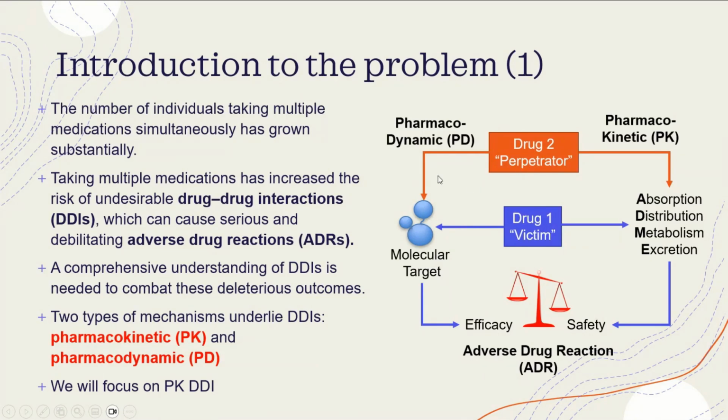And another route would be for your drug of interest affecting the victim drug by changing its absorption, distribution, metabolism, and excretion. So we call these pharmacodynamic and pharmacokinetic drug-drug interactions, and we're tipping the balance between efficacy and safety.